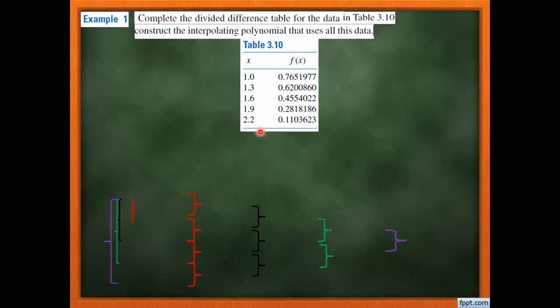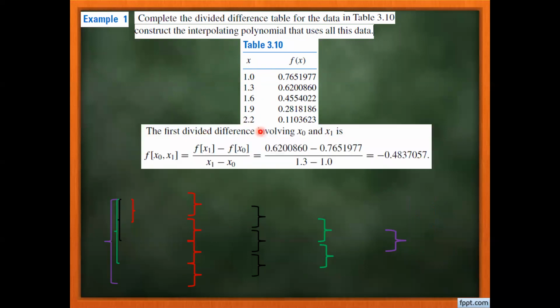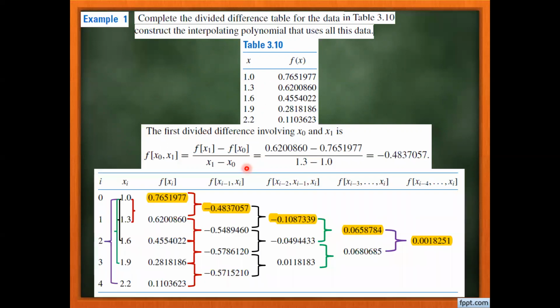Now we are going to plot a divided difference table for this data. As you all know, the zeroth order divided difference is actually the function value at each node, and the first order divided difference is the divided difference of the zeroth order divided difference divided by the interval length. Now let's discuss the table.